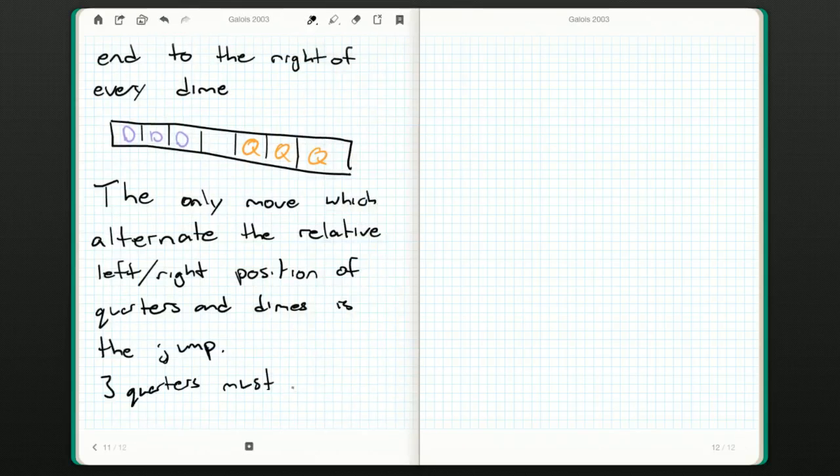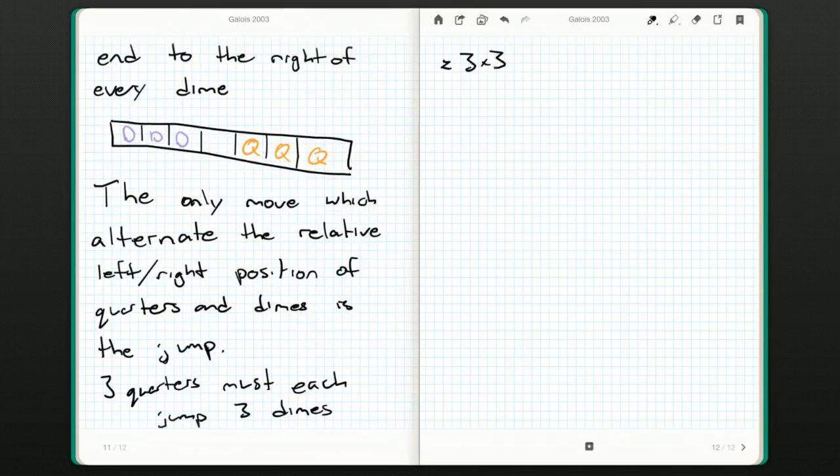So the 3 quarters must each jump 3 dimes. 3 times 3 equals 9, so we need at least 9 jumps.